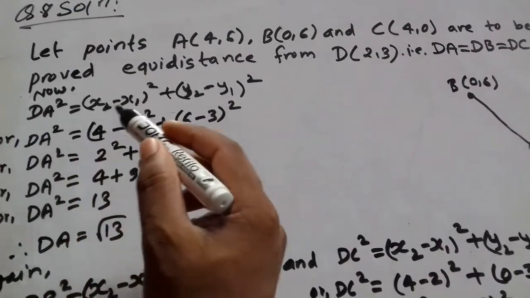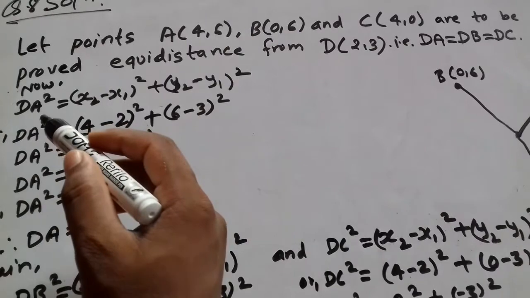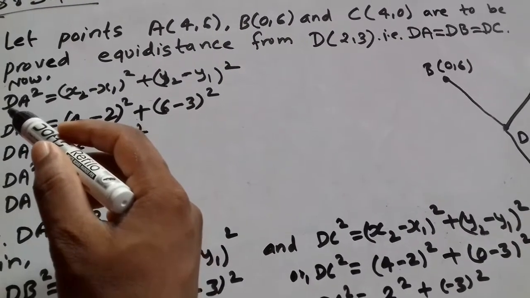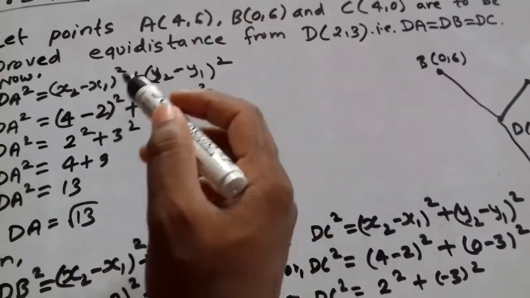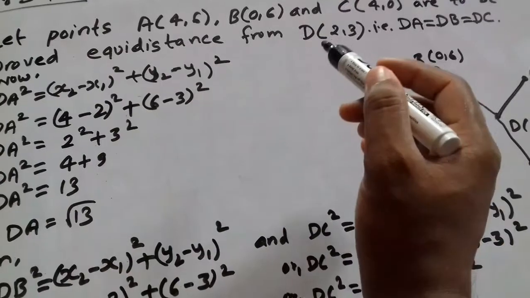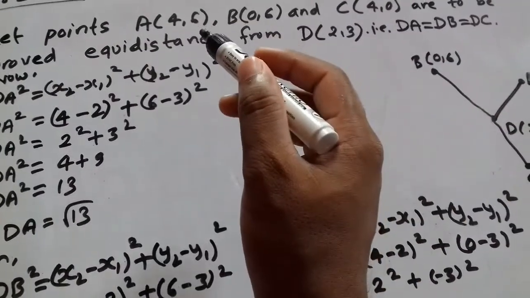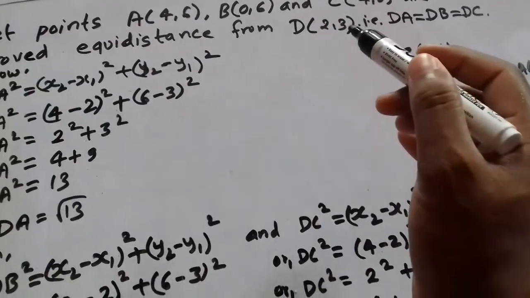Now DA square equals this, where x2 y2 is the coordinates of A and x1 y1 is the coordinates of D. So in place of x2 we have written 4, minus x1 which is 2, then 6 is y2 and y1 is 3 from here.